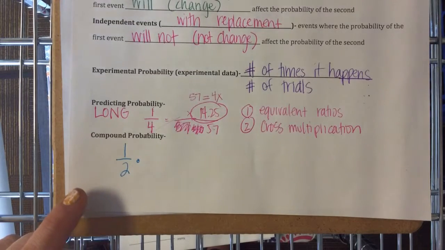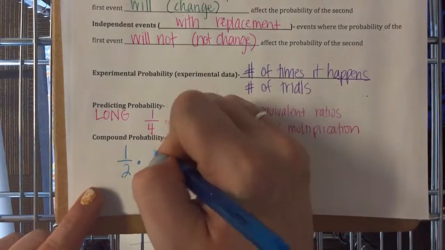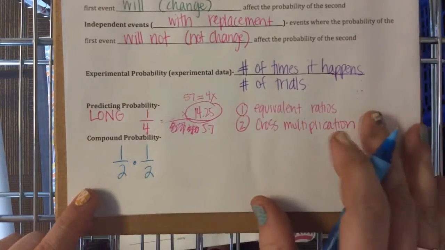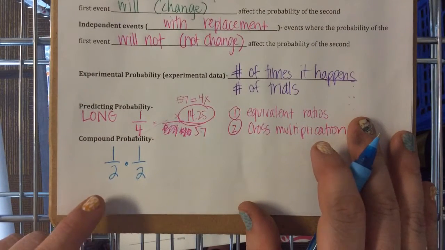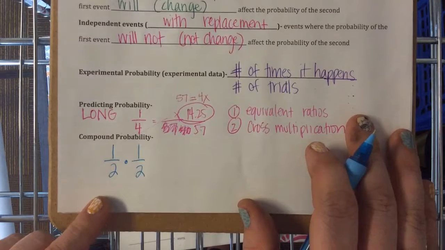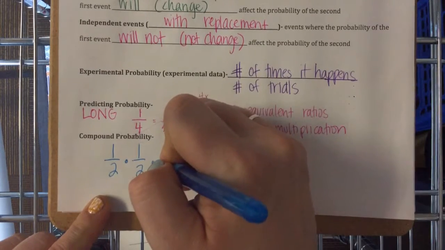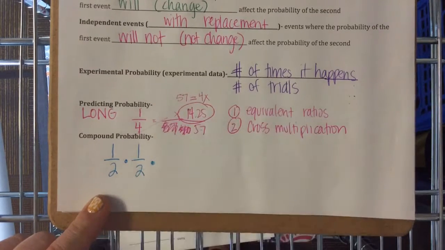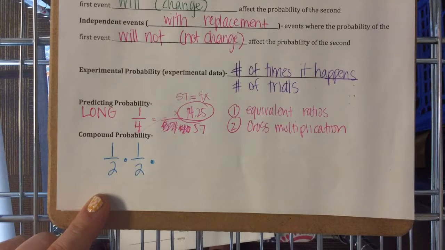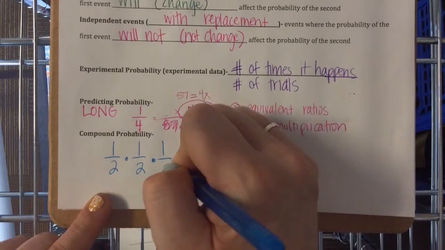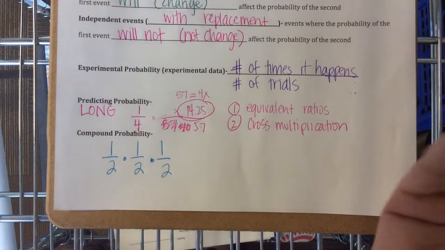What's my probability the next time of being right? 1 out of 2. I was right again. The third time, what's my probability of being right? Still 1 out of 2. I'm picking. It's either going to be heads or tails.